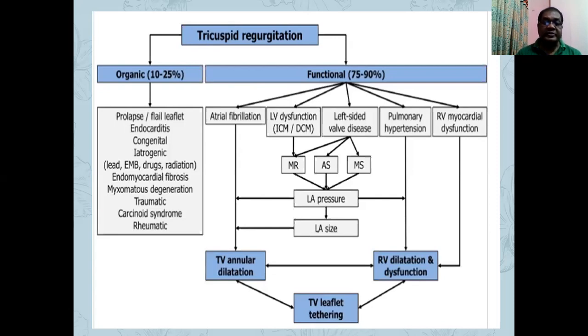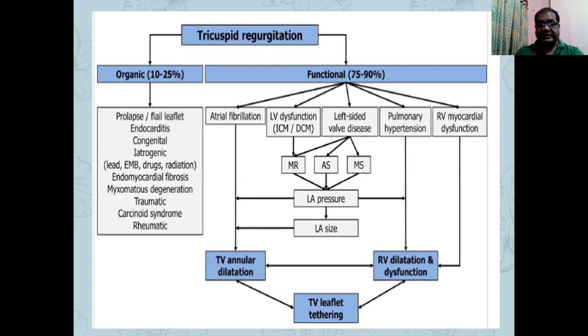Endomyocardial biopsy may traumatize and damage the tricuspid valve. Other causes include some drugs, radiation, endomyocardial fibrosis, myxomatous degeneration of the tricuspid valve, trauma, and carcinoid syndrome.